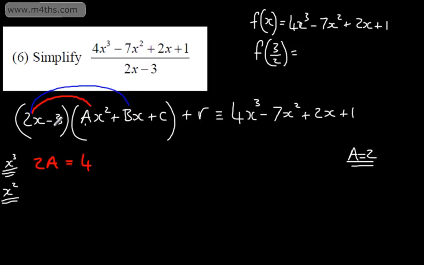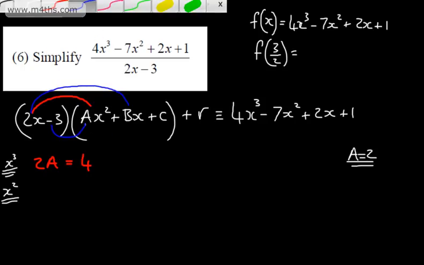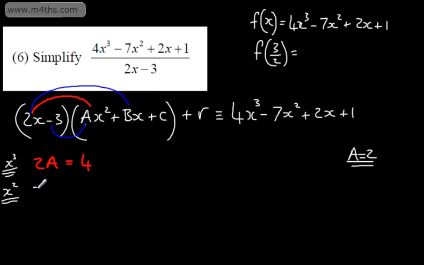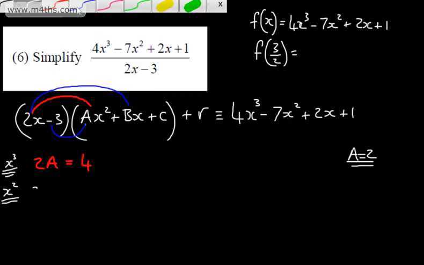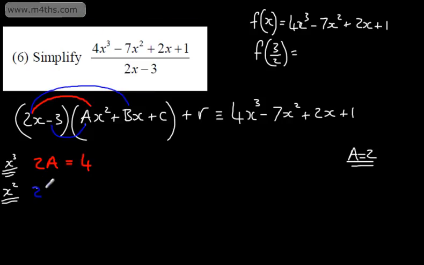We will also have the negative 3 multiplied by the a. So on this we can say from here that 2b minus 3a will be equal now to negative 7. So if I do that, that's what we're going to have.